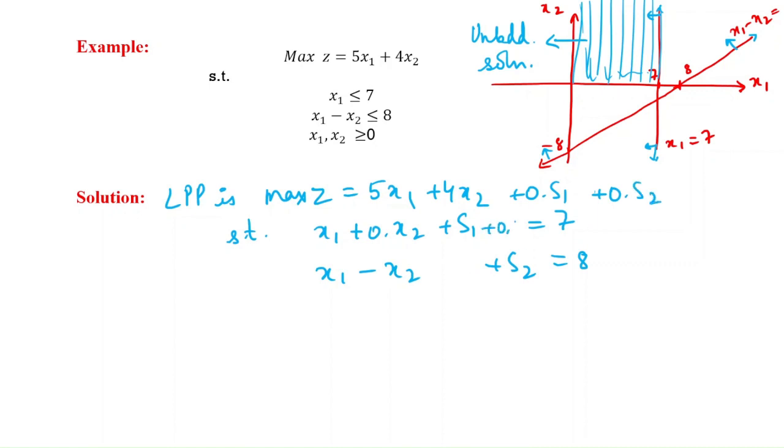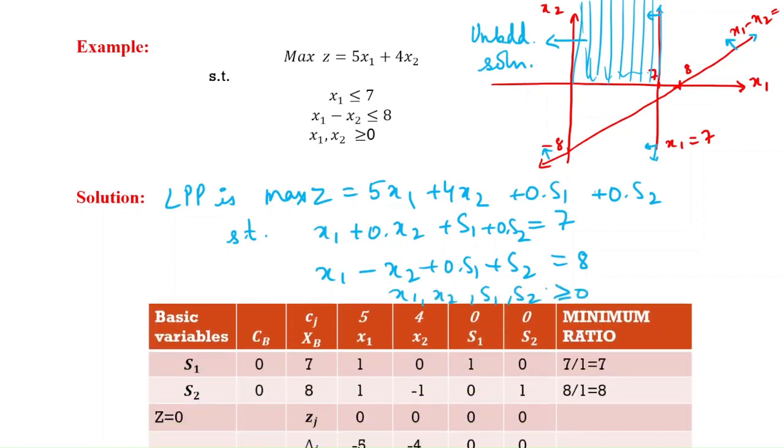So x1, x2, s1, s2 are all greater than or equal to 0. As we can see, the first initial table that we are getting here has Cj written as 5, 4, 0, 0. The basic solution that we are getting is s1 as 7 and s2 as 8. This is their cost, so z is coming out to be 0. I have plotted all their coefficients here.